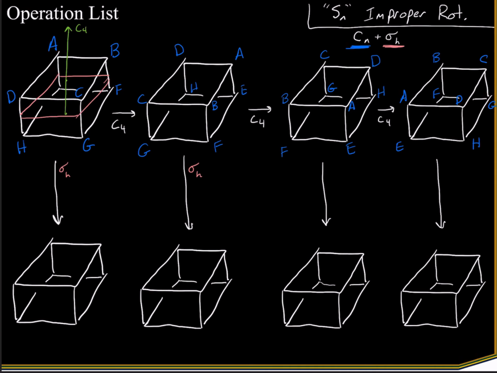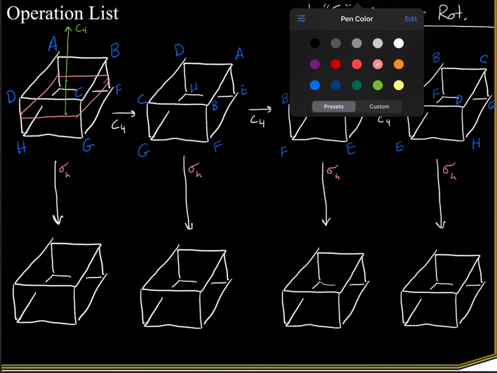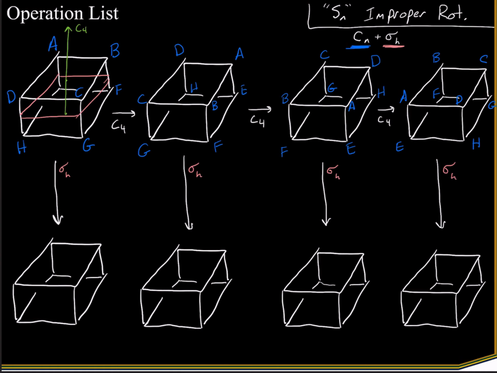the same exact horizontal mirror plane straight across the board. And so for this first example, this is actually just a sigma h. It's actually not nearly as exciting. And that's because what we did here was essentially a C1 plus the sigma h. You could also think of this as the identity plus the sigma h.